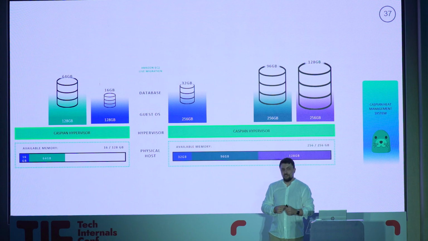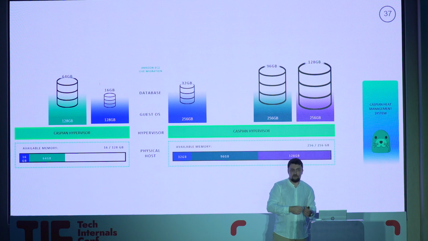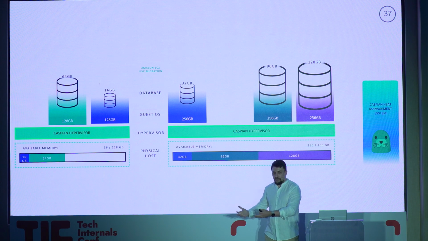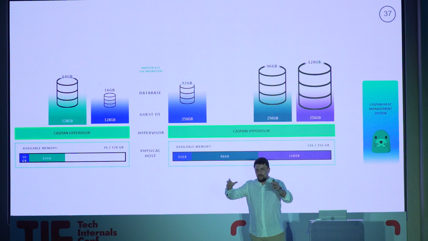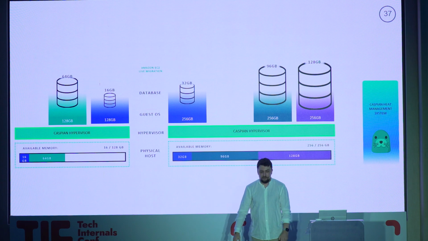As Mike already mentioned, based on our secret sauce from storage and using Caspian as an oversubscription hypervisor, we can create this one operating system, and everyone can see, okay, I have so much capacity.